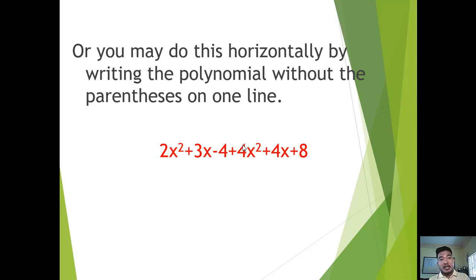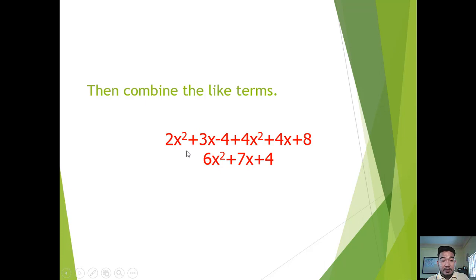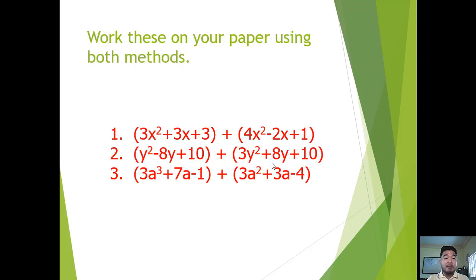Nauuna, yung may pinakamataas na exponent hanggang sa makarating tayo sa constant o sa may pinakamababang exponent. So there you go, 2x squared plus 4x squared is 6x squared, 3x plus 4x is 7x, the negative 4 plus 8 is equal to 4. That's it. That is already the sum of the polynomials.